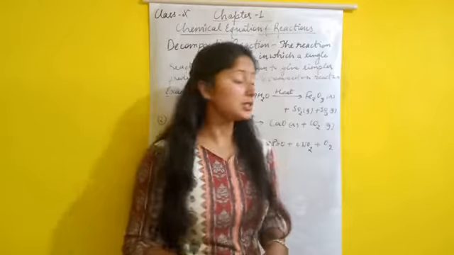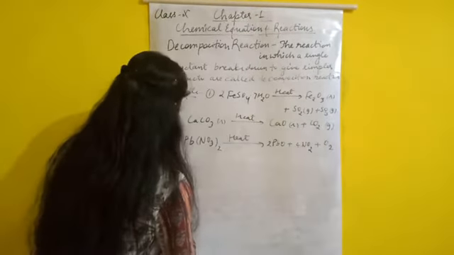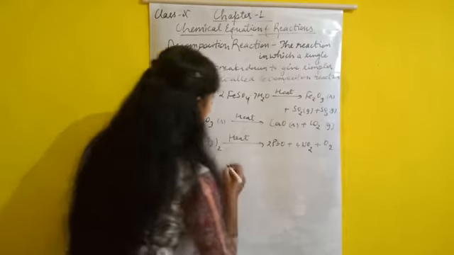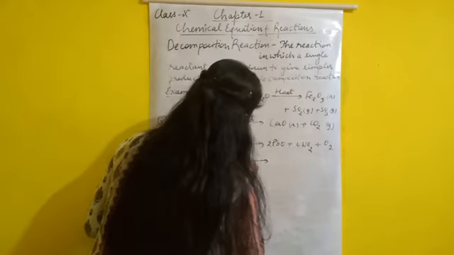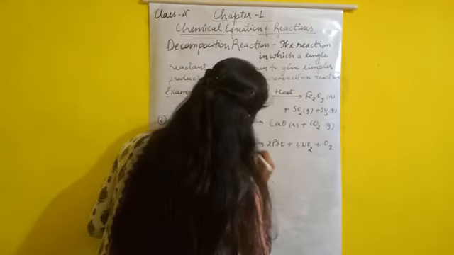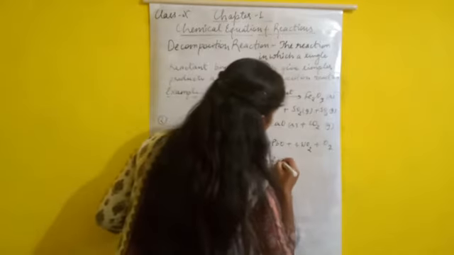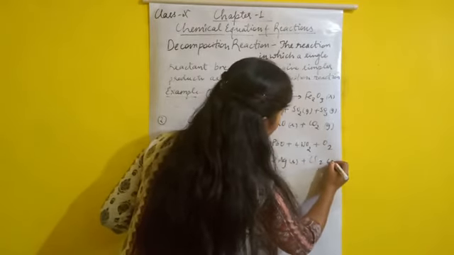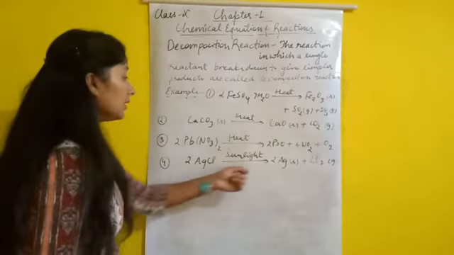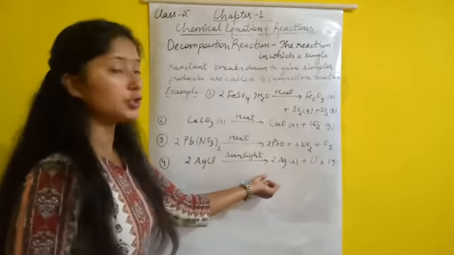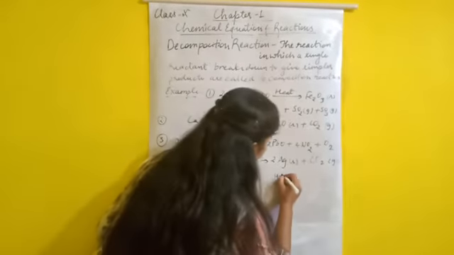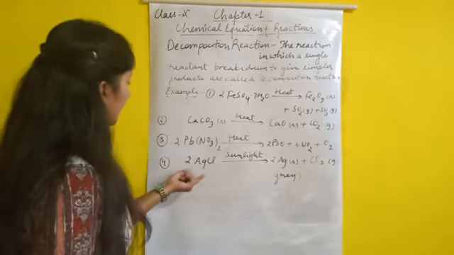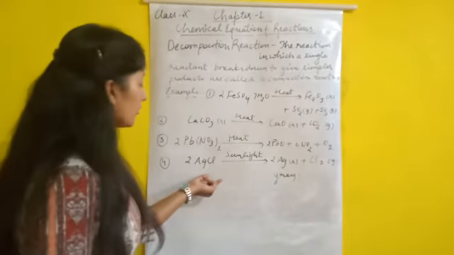AgCl in the presence of sunlight decomposes into Ag and chlorine, and it changes into grey color because of Ag. So this is another example of decomposition reaction.